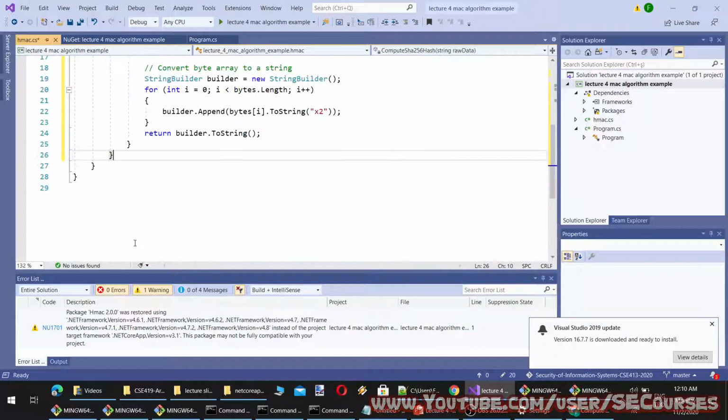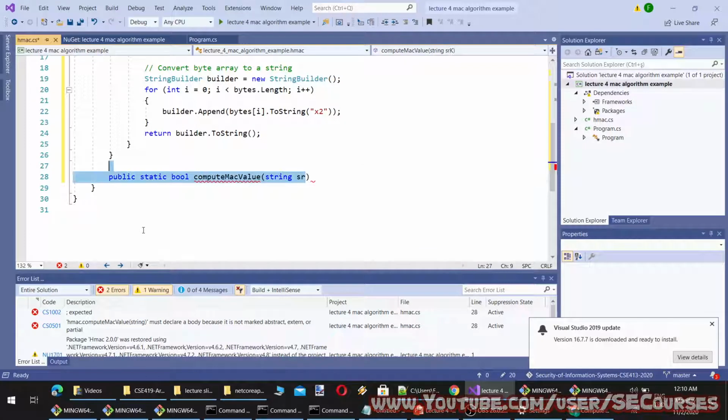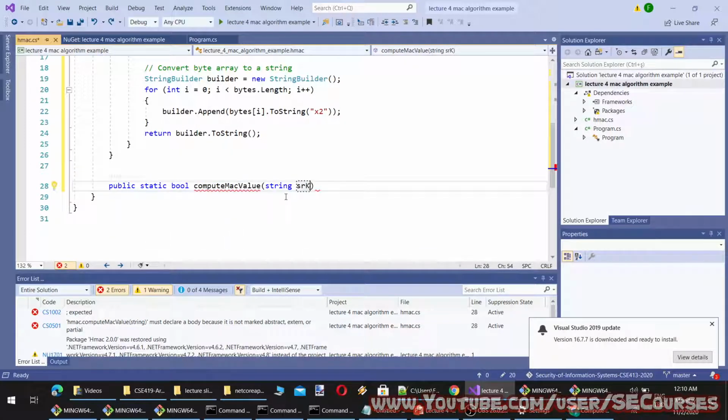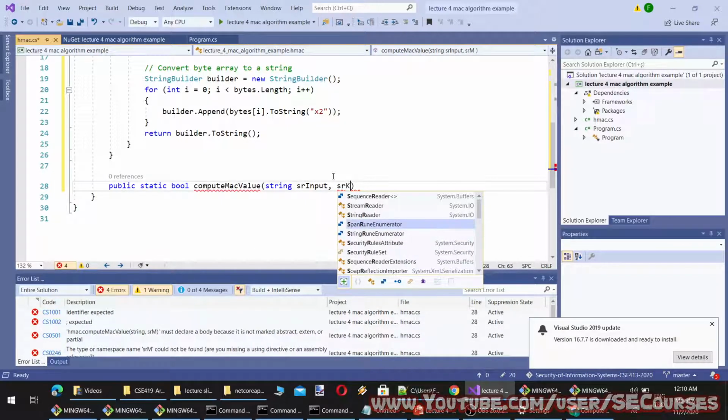Then I'm going to have a ComputeMacValue method, which will take a string as our input and a key.